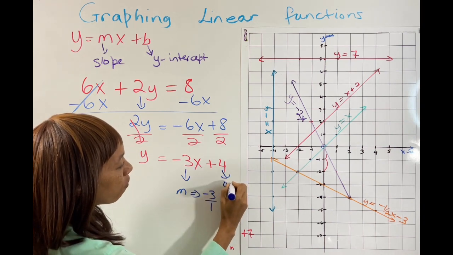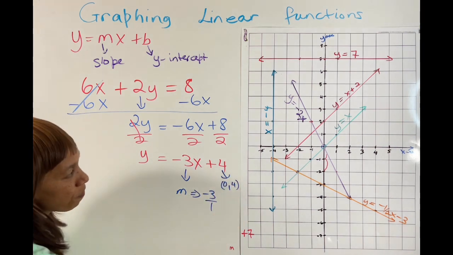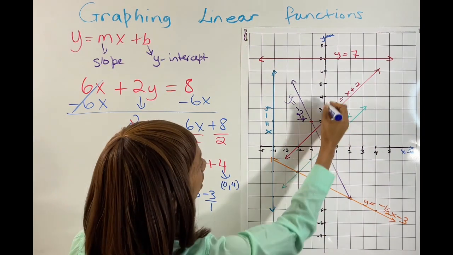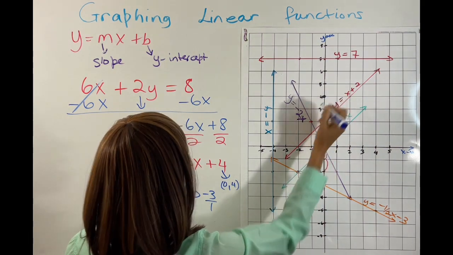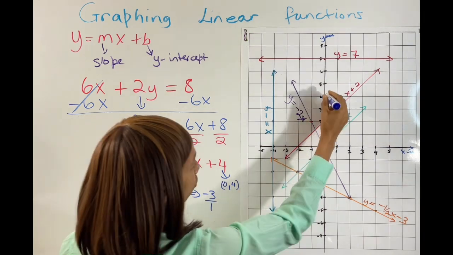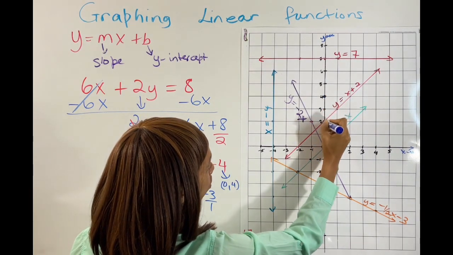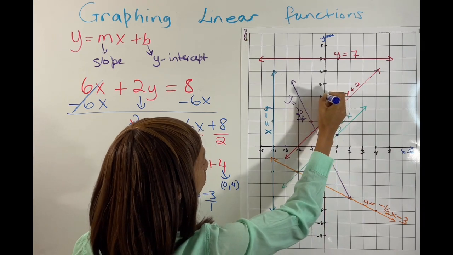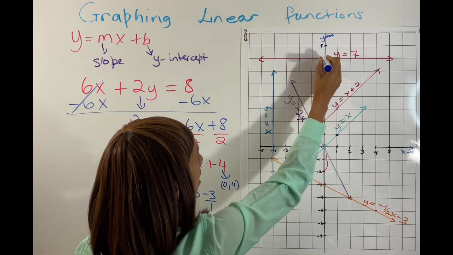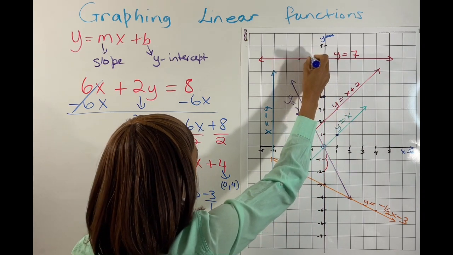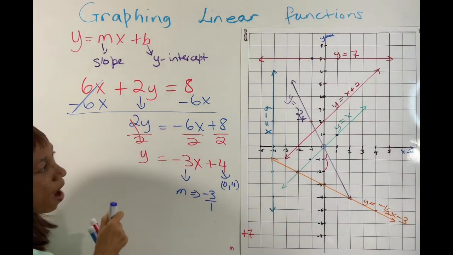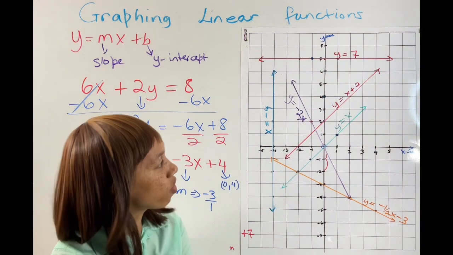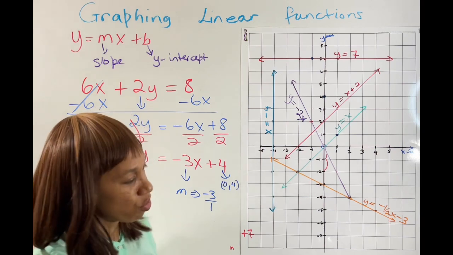the coordinate 0, 4. So you're going to find 0, 4 on your graph right here, and the slope is -3, down 1, 2, 3 over 1 right here. You can go up 1, 2, 3 over to the left 1, and you have 3 points, and then you are going to connect these 3 points.